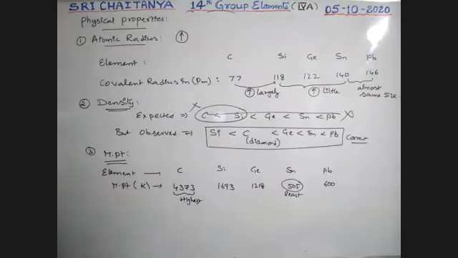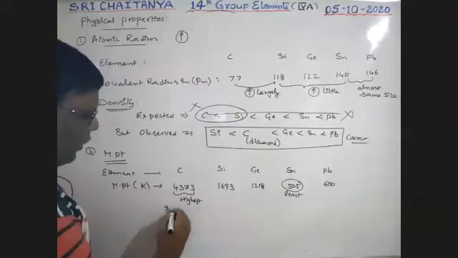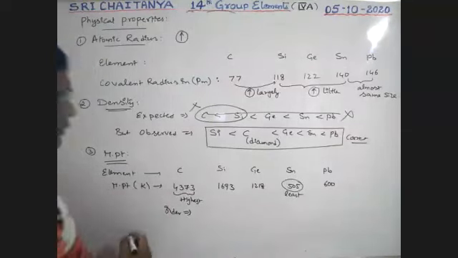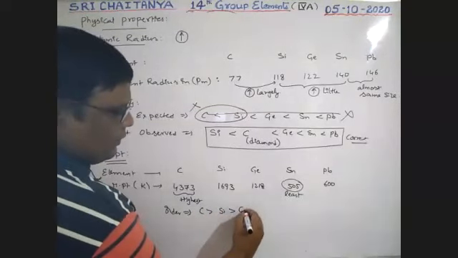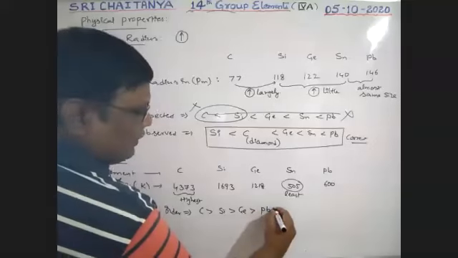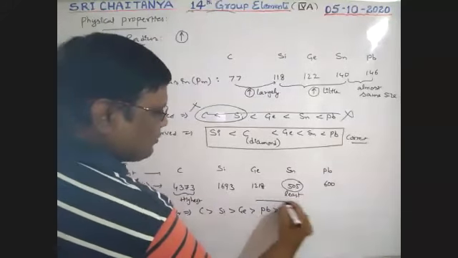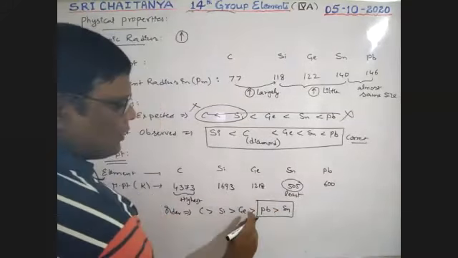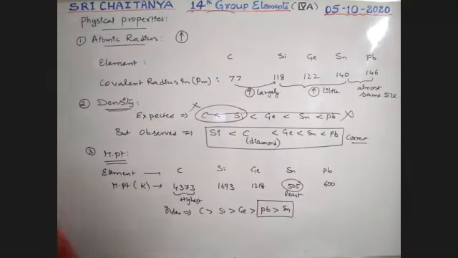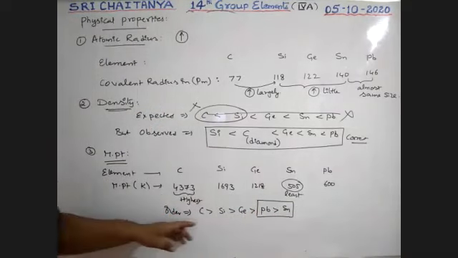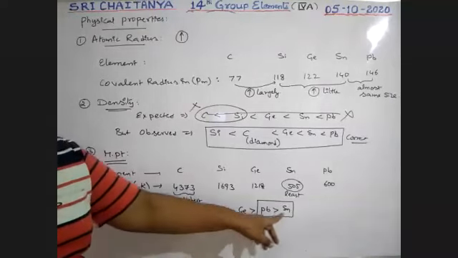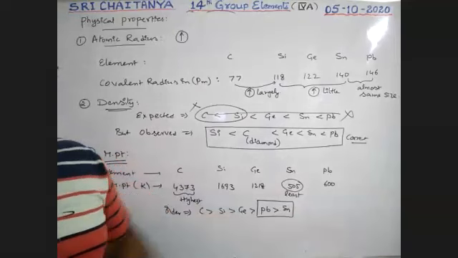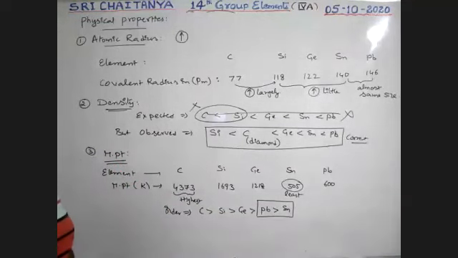Therefore the order is carbon greater than silicon greater than germanium greater than lead greater than tin. Please observe this anomalous condition, this violation. That is important, boys. So tin has the least melting point.